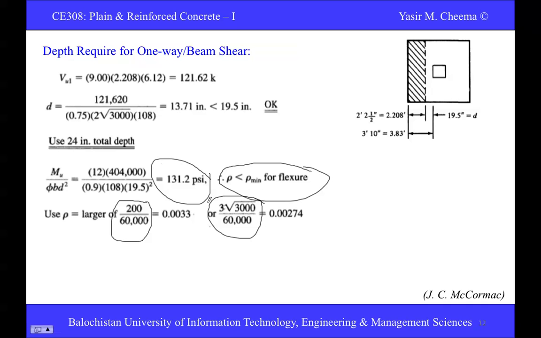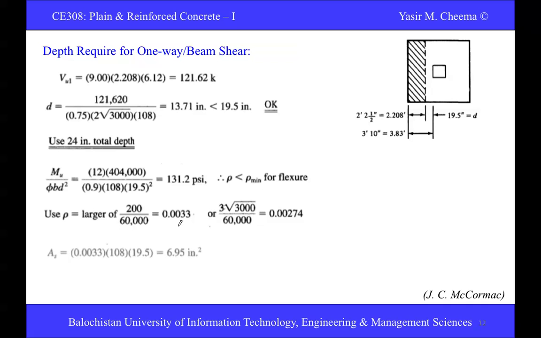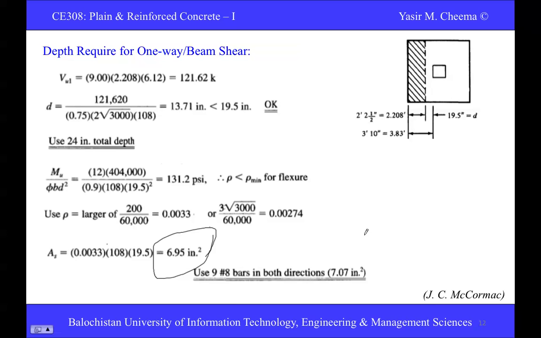The larger of these two is 0.002, and interestingly this larger value is the same as rho minimum for flexure in the table. So anyhow, we can use this 0.003 value. Using this value we determine the area of steel required, and based on this area of steel we find out the number of bars and the size of the bars.